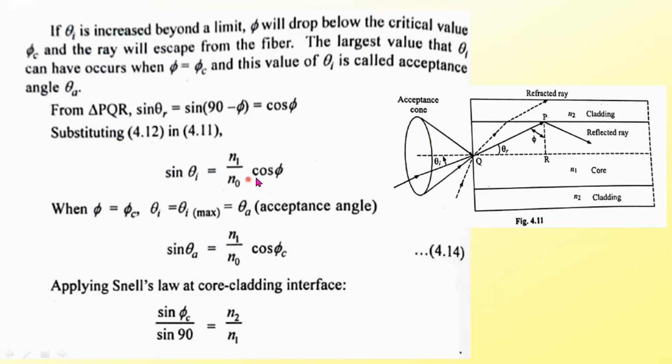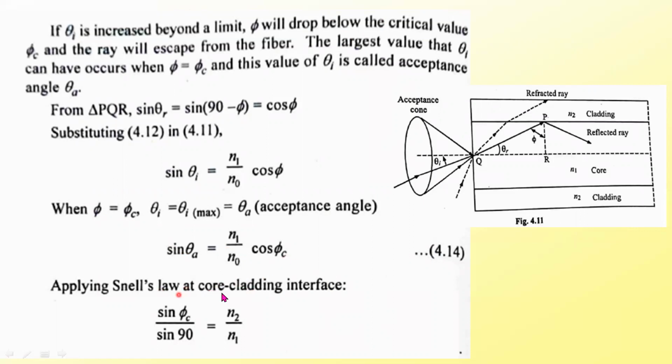So sine theta i by cos phi is equal to n1 by n0. So when phi is equal to phi c, theta i is at its maximum, and that theta is called theta A, the acceptance angle. That is the angle at which maximum light gets into the fiber. So sine theta A is equal to n1 by n0 into cos phi c.